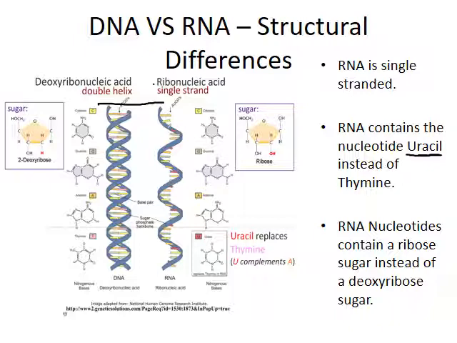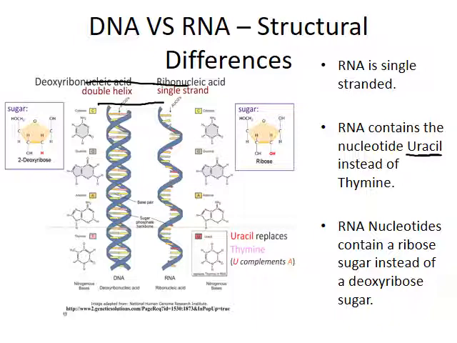Our third difference, you can pick it in the name. So we've got deoxyribonucleic acid or ribonucleic acid. Ribo, deoxyribo. And what that's referring to is the type of sugar that it has.